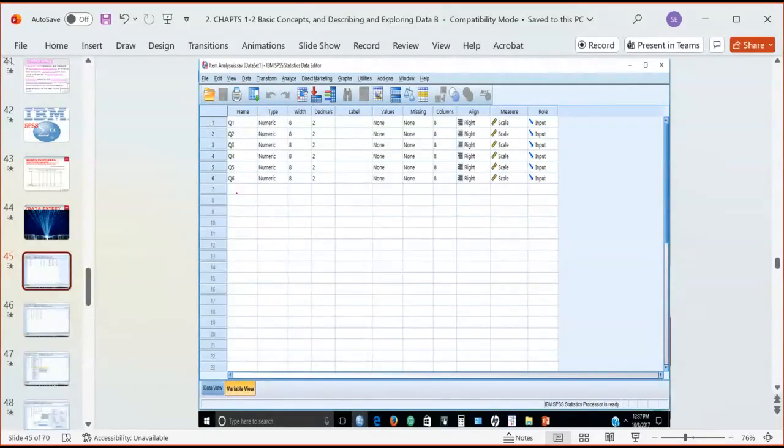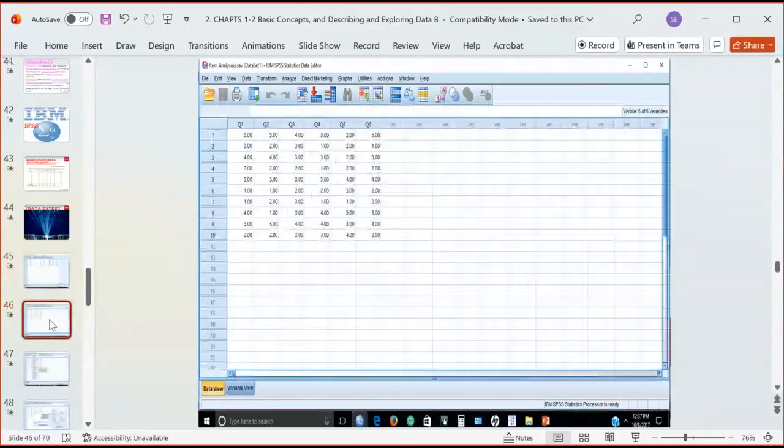Let's say put 6, add one more to it. 6 questions, and then you click on Data View at the bottom left, and you will see all those 6 questions, Q1 through Q6, on top.